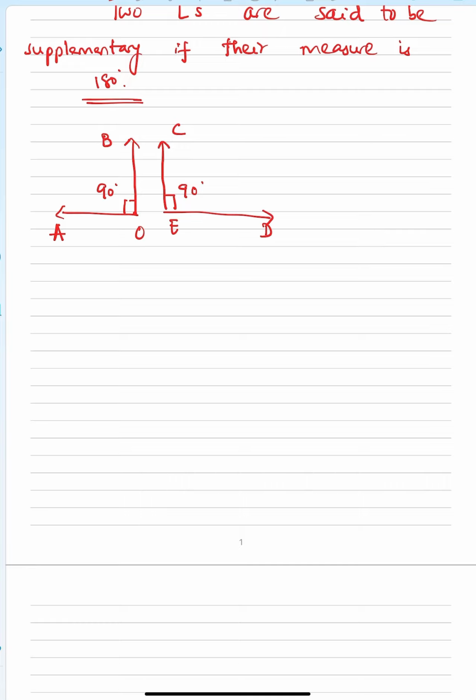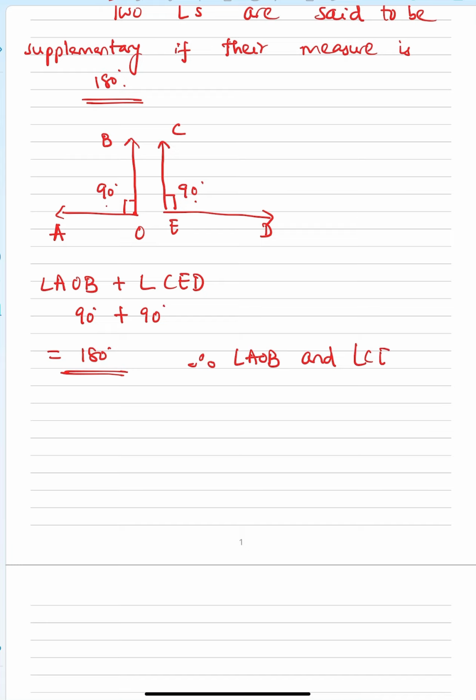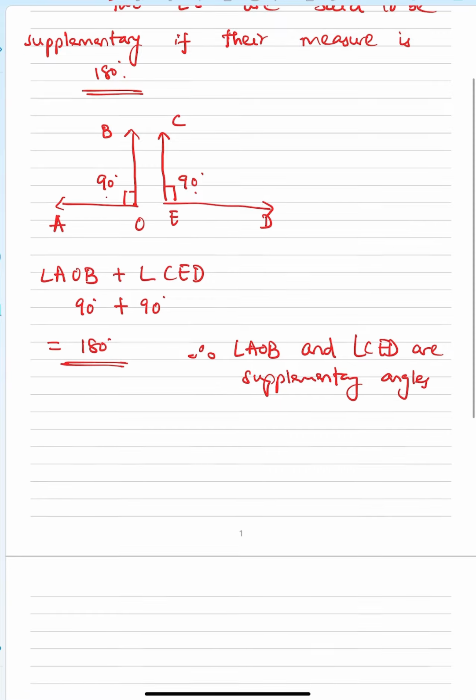So if I add angle AOB plus angle CED, we get 90 plus 90, which is equal to 180, and therefore we can say that angle AOB and angle CED are supplementary angles.